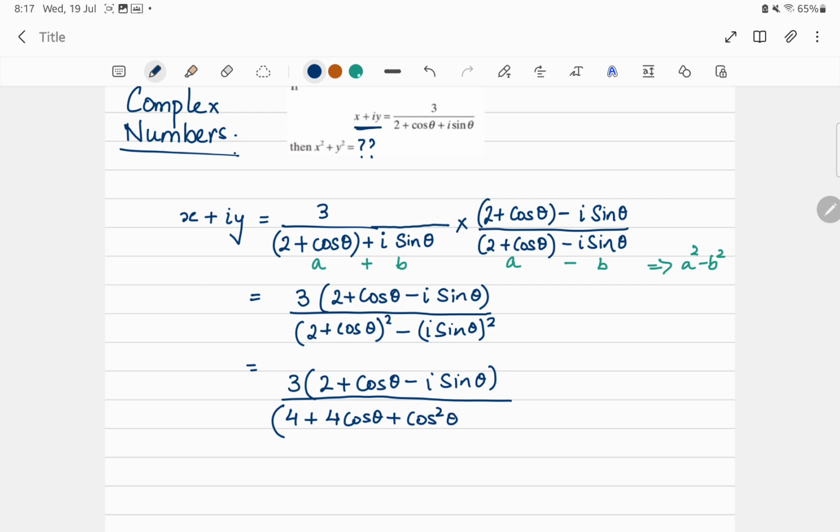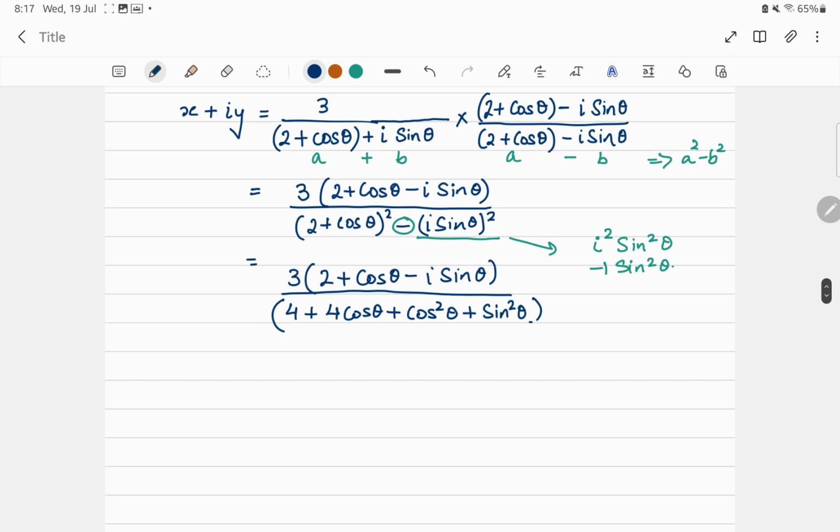And then here, let me do it separately first. So that is going to give us i² sin² θ, right? And i² is −1, and it's already minus there, so minus minus becomes plus. So we're going to get plus sin² θ, right?